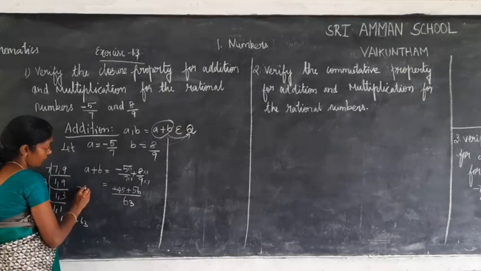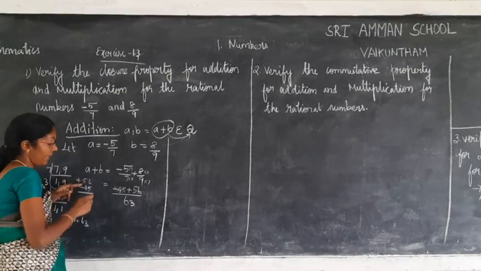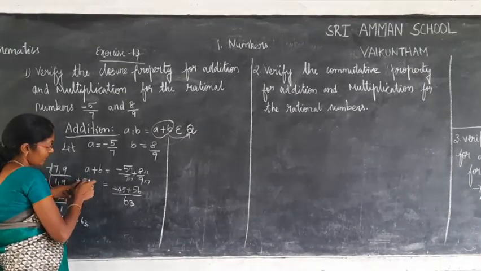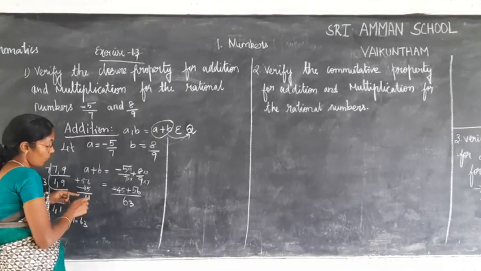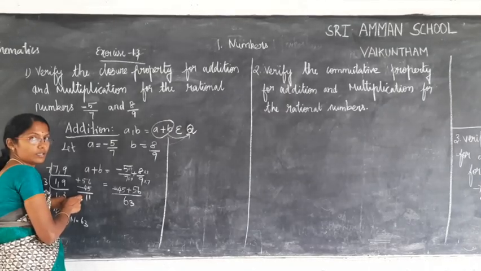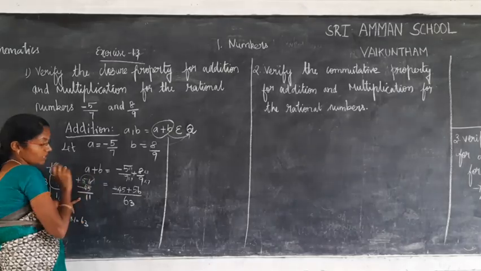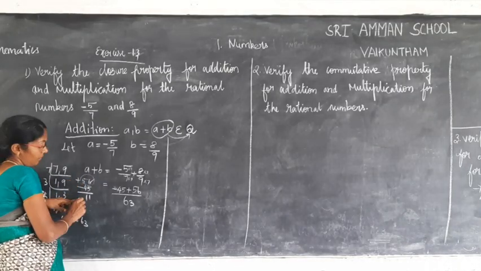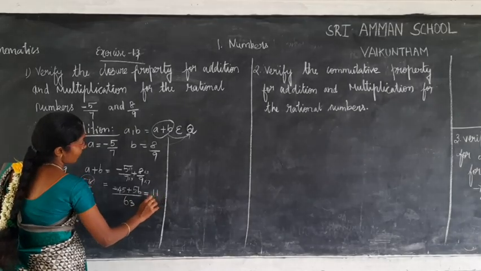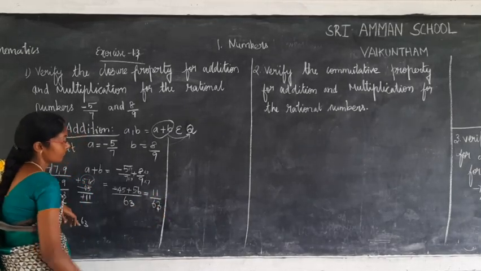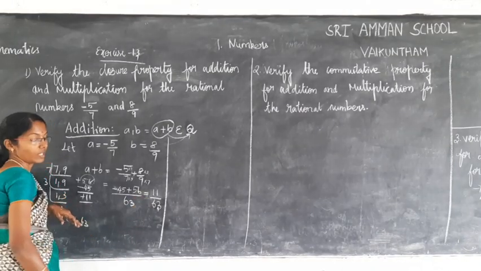So minus 45 plus 56. Minus sign means subtraction. So 6 minus 5, 1. 5 minus 4, 1. So what symbol will you put here? The symbol of the greater number. What is the greater number here? 56. So what is the symbol before it? Plus. So what is the answer? Plus 11 by 63. Okay, clear? So the value is 11 by 63.